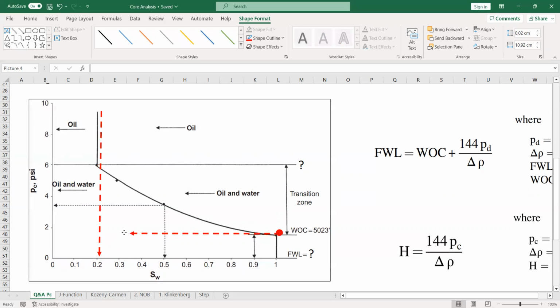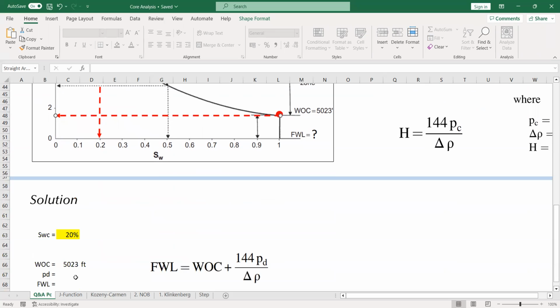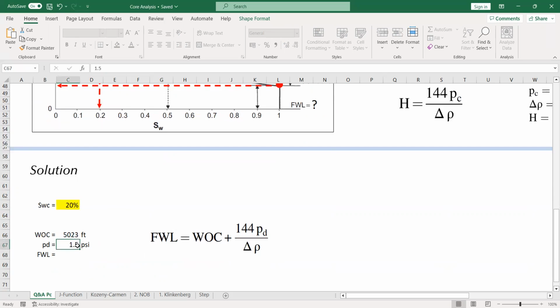Roughly speaking, for simplicity, we will use a displacement pressure of 1.5 PSI, but the accurate value should be somewhere here, or maybe 1.75 instead.